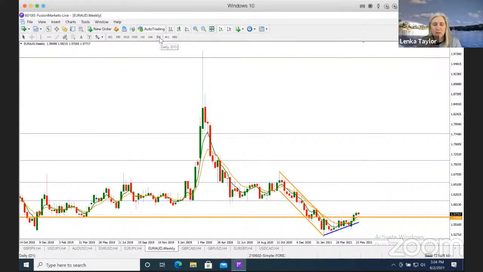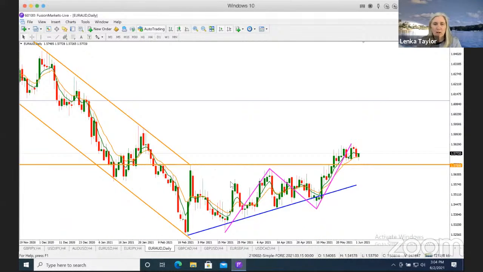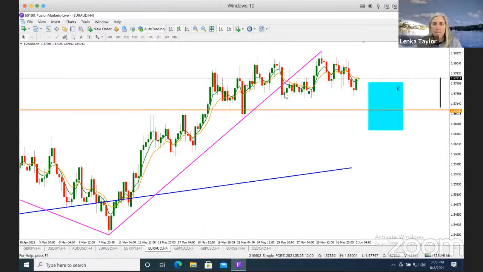So looking at weekly for the direction, on the daily, we have a high, a higher low, and what is possibly a higher high. So looking for a pullback. So on the 4-hourly, I'm looking for a decent pullback down to the horizontal line or a little bit below.